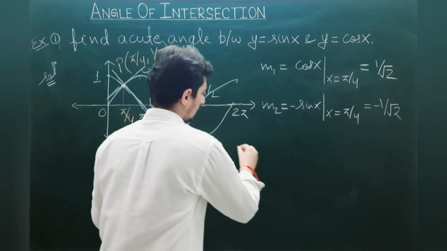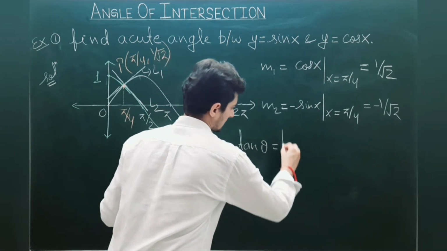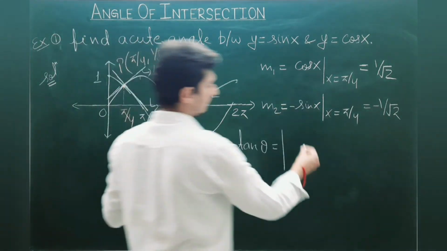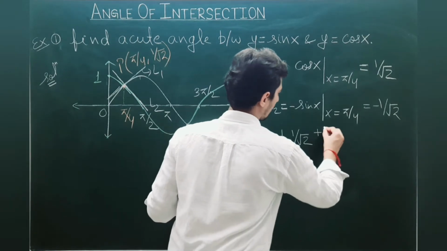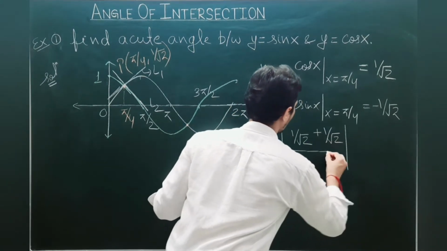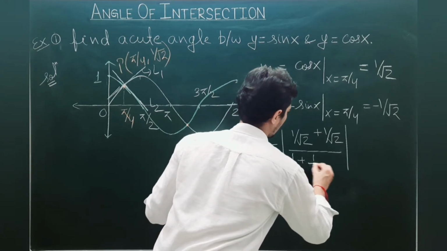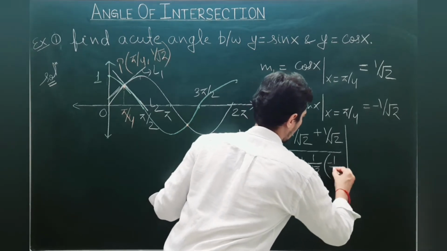Now you know the formula of angle of intersection, that is m1 minus m2 upon 1 plus m1 m2. Here the values are 1 upon root 2 minus minus 1 by root 2, which is plus 1 by root 2, and in the denominator it is going to be 1 plus 1 by root 2 times minus 1 by root 2.